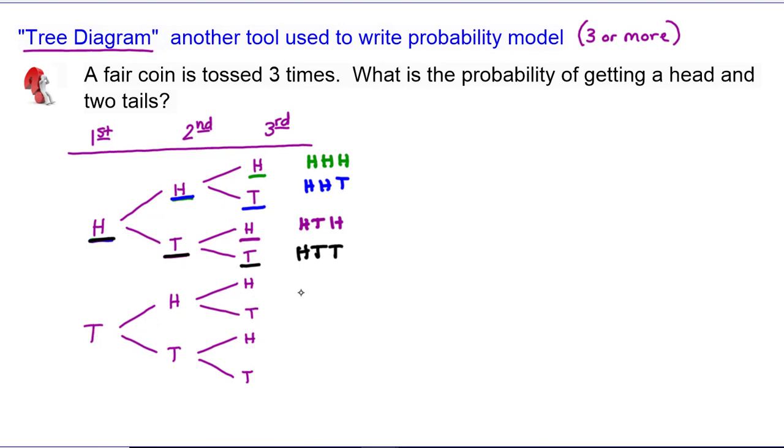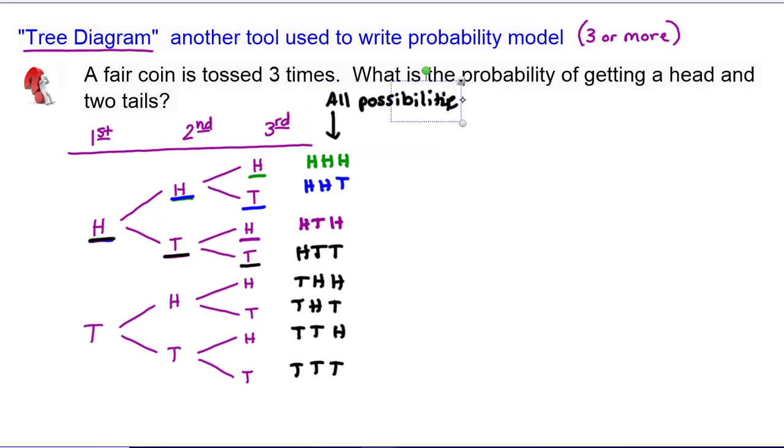Okay, so I come down here and I could do the same thing. I could do tails, heads, heads. Or I could do tails, heads, tails. I could do tails, tails, heads. Or I could do tails, tails, tails. So what I did is this represents all the possibilities.